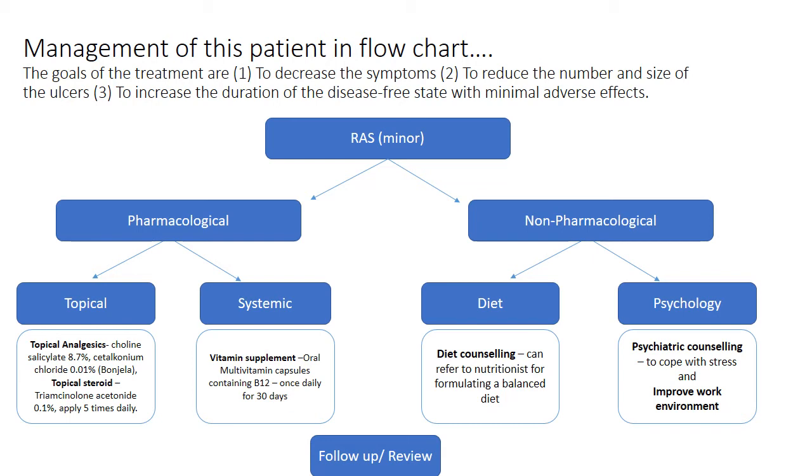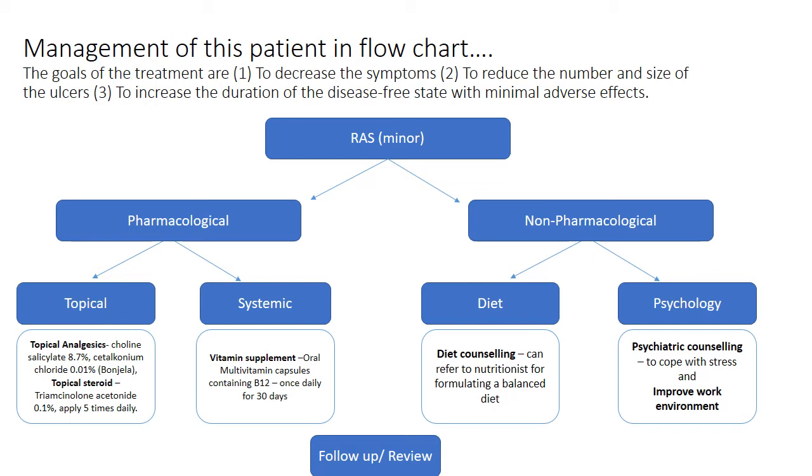especially both in your clinical practice and your examination, please do not use the brand names. Choline salicylate generally comes under the brand name Bonjela. There are also other brands which offer the same, but Bonjela is probably the most popular one, available everywhere.